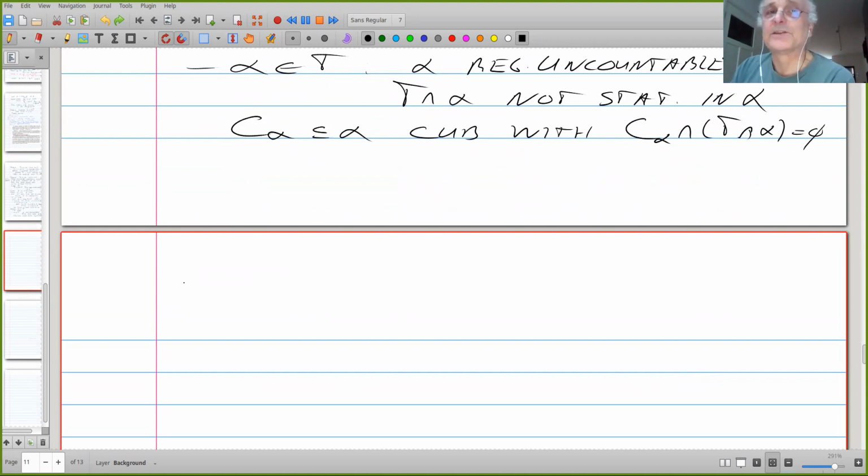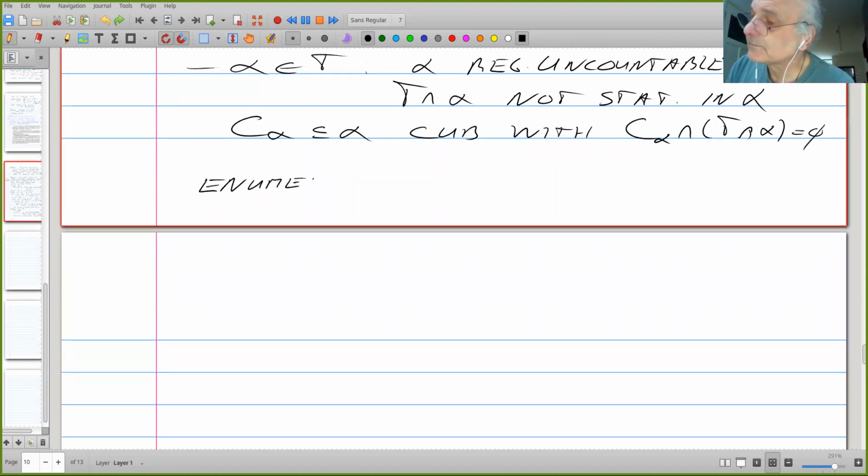I'm giving away an answer in the group interaction now, but still prove that the enumeration has the property that is claimed there. So we take the increasing bijection between alpha and C alpha.